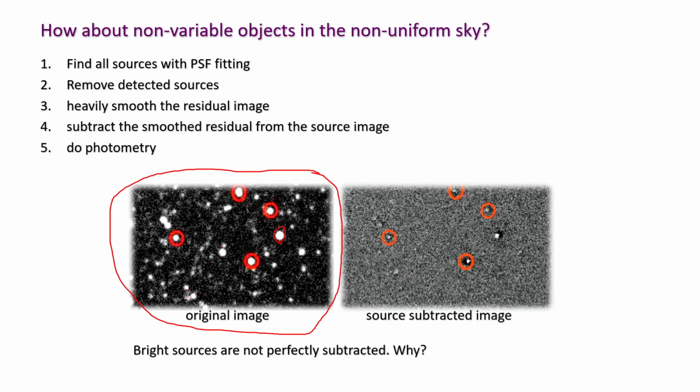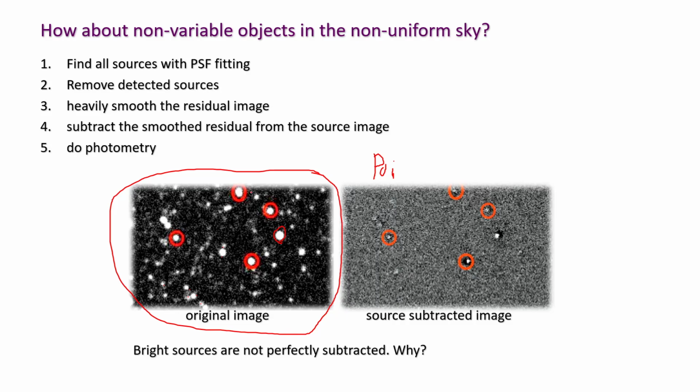But PSF fitting accuracy and precision is proportional to the source brightness. The brighter the stars, the better the PSF fitting works. The PSF fitting is really robust. So why are these suffering from residuals? This is the prime example of Poissonian noise. Remember that Poissonian noise is proportional to the square root of the source.